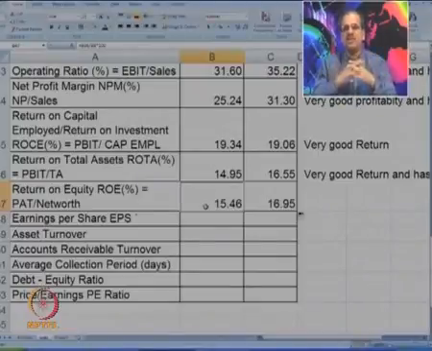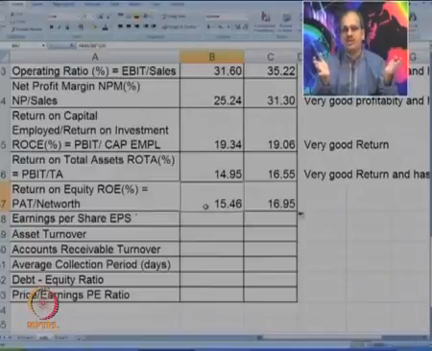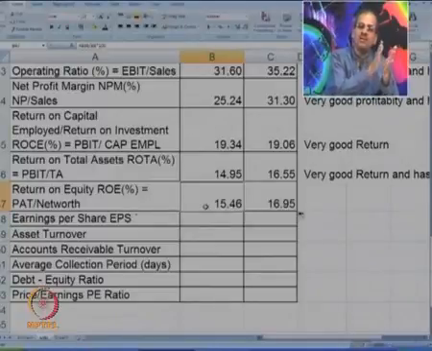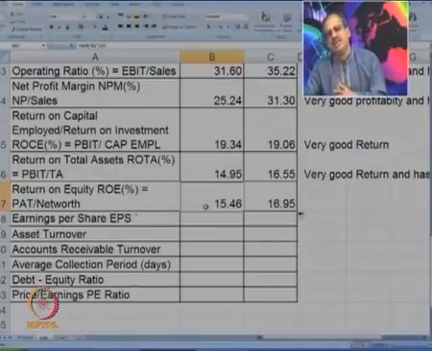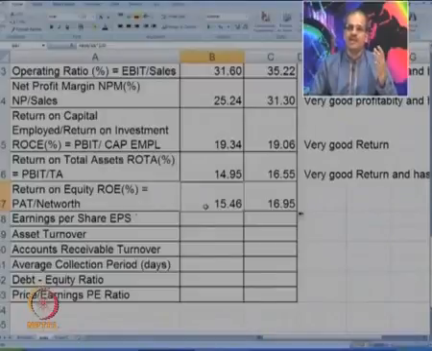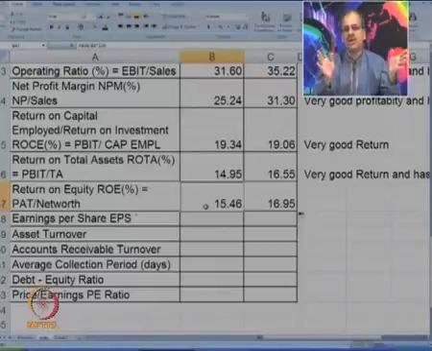You will observe that the denominator is more or less same. Capital employed and net worth, there is no difference. But numerator earlier was PBIT, now it is PAT. Since company is paying some amount as taxes, PAT is lesser slightly than PBIT. Company does not have any debt.